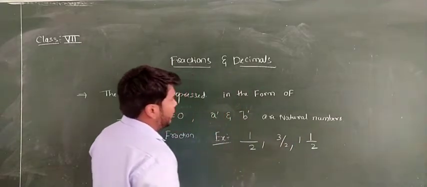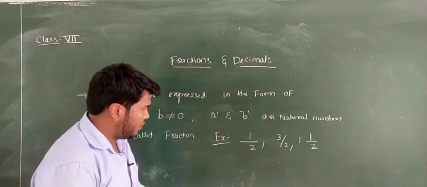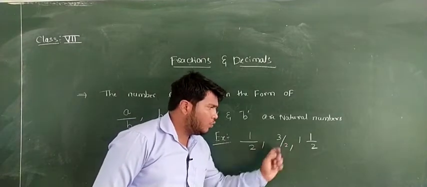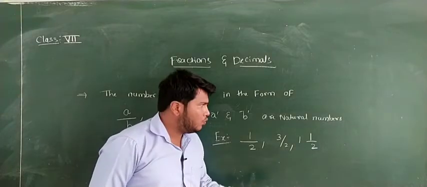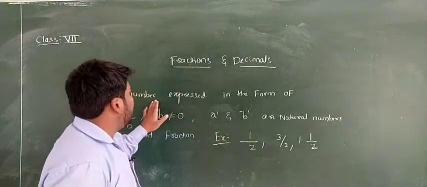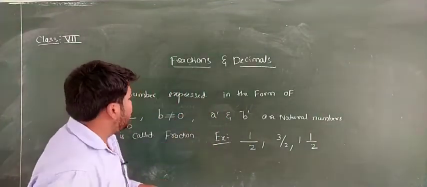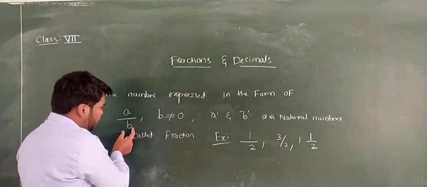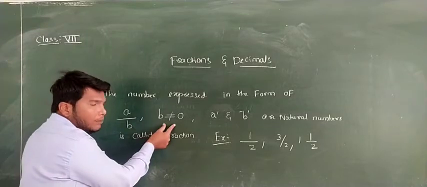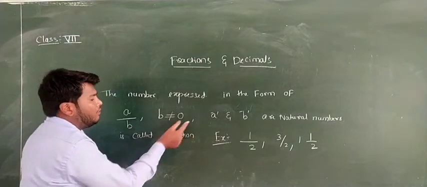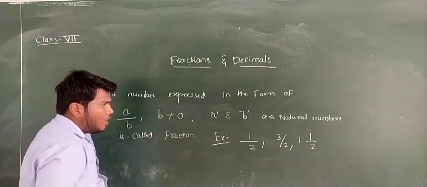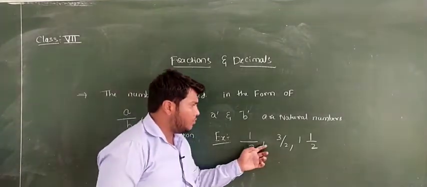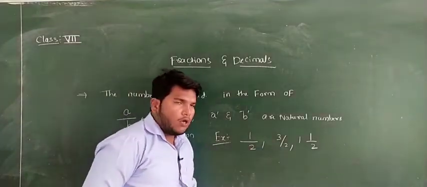These are the examples of fractions. So the definition says the number expressed in the form of a by b, which is very important, b is not equal to 0, a and b are natural numbers, is called a fraction. Examples are 1 by 2, 3 by 2 and one integer 1 by 2.